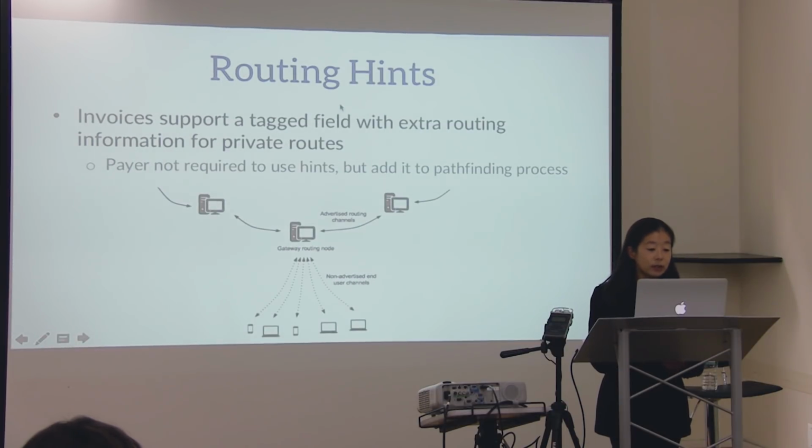As a Lightning user, even if you don't have public channels, you can have private channels and provide people who want to pay you with routing hints in your invoice. When you create an invoice in Lightning, you can add a field that indicates what some intermediate nodes are, so the payer can find a path to you even if you don't have any public channels available.